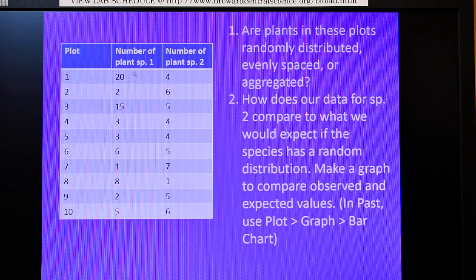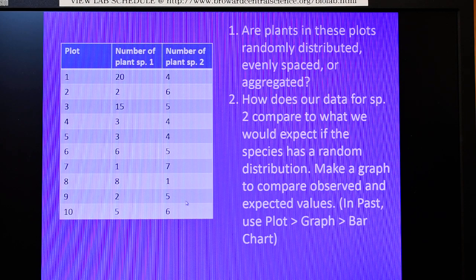At any rate, we go in and count all of plant species 1. Our first plot has like 20 of plant species 1, but the second plot only has 2 of them. So right off the bat, you can see there's a lot of variation in species 1. On the other hand, with species 2, we almost always get the same number.